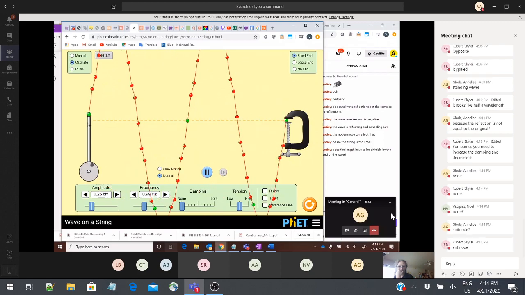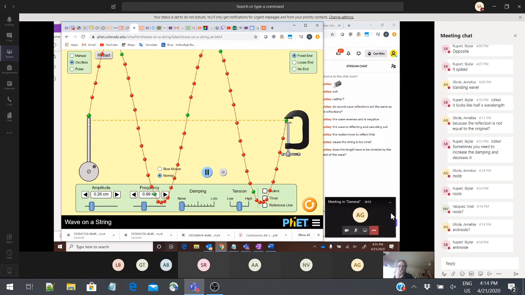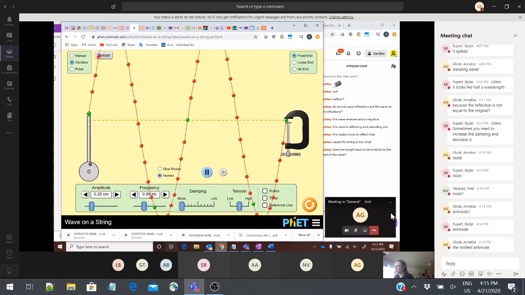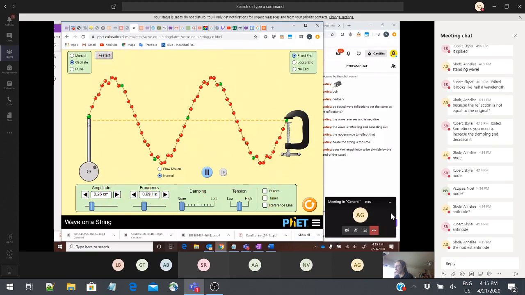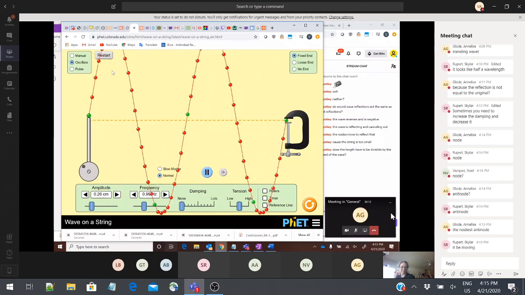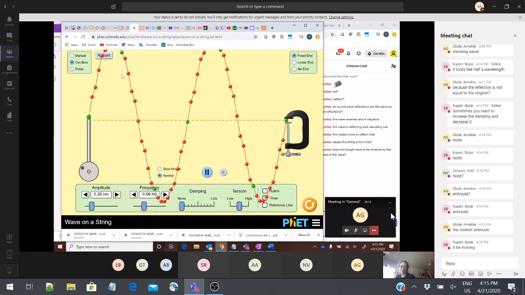Antinode. It's actually kind of close to a node. It's not quite, but it's close enough, right? If you watch this little green blob, it's moving, but it's only moving a tiny bit compared to, say, this red blob right here, that is moving a heck of a lot, right? It's only moving a little bit.